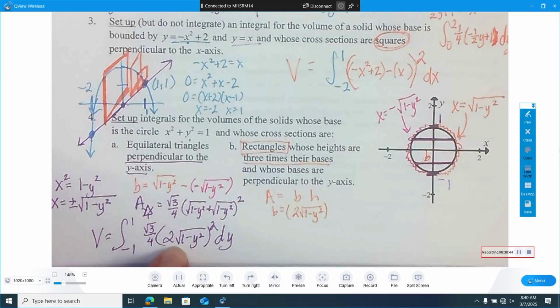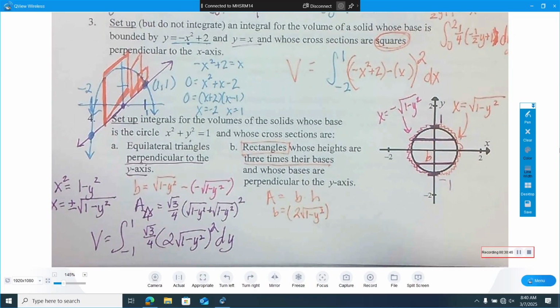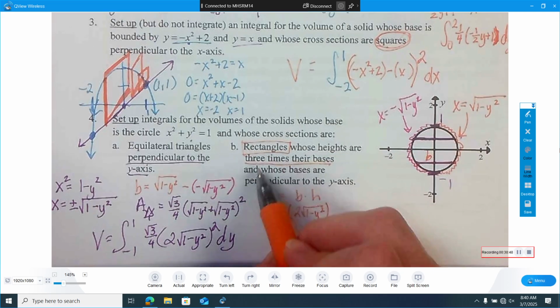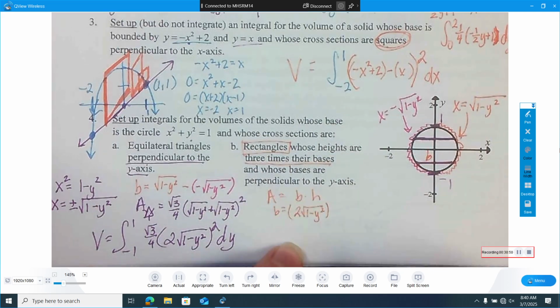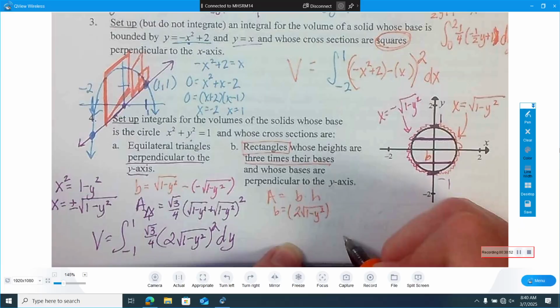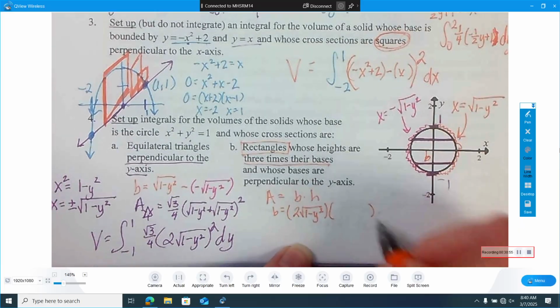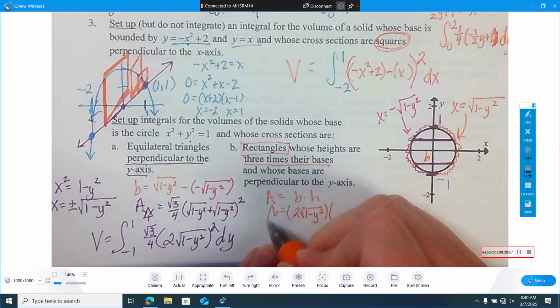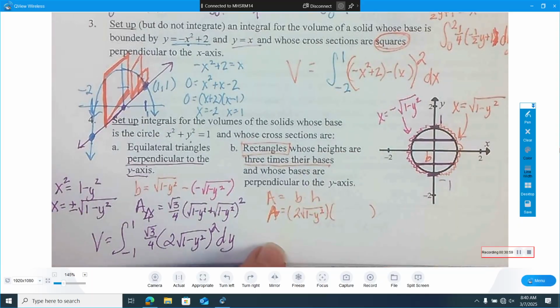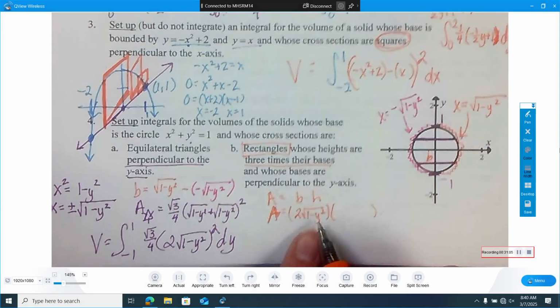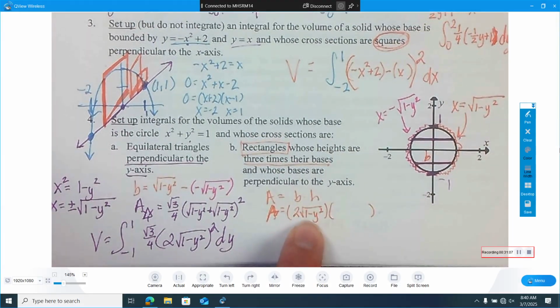Are you guys okay with that? Yeah? Okay. Now it says the heights are 3 times their bases. Well, if the height is 3 times the base, what do you suppose I should put for my height then? Three times the base. Yeah, there's our base. All we have to do is take that and times it by 3.